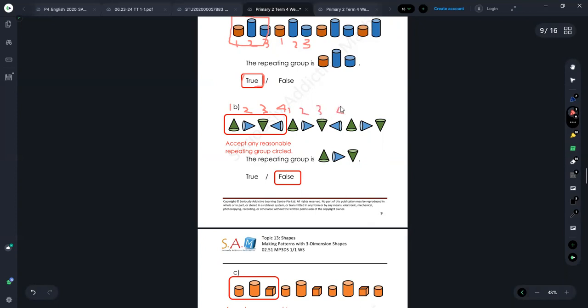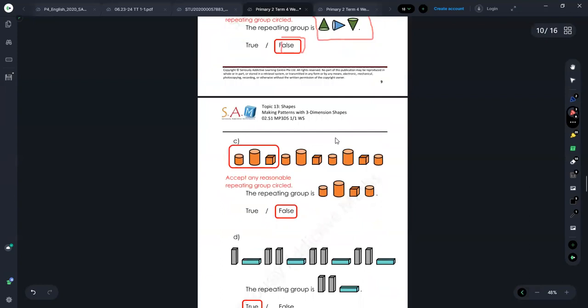So the repeating pattern is actually 4 shapes in one group. This question says the repeating pattern is only 3 shapes, so that is false. The students would then have to circle the repeating pattern here, which is made out of the 4 shapes.